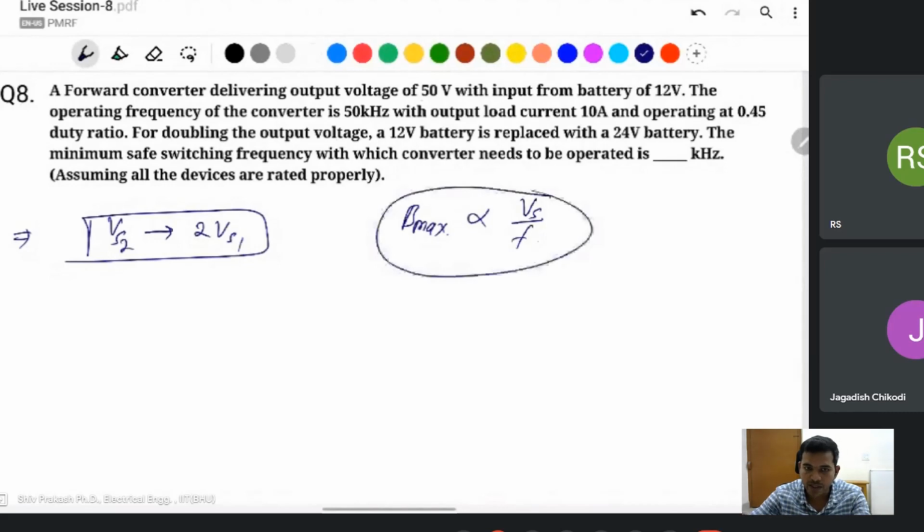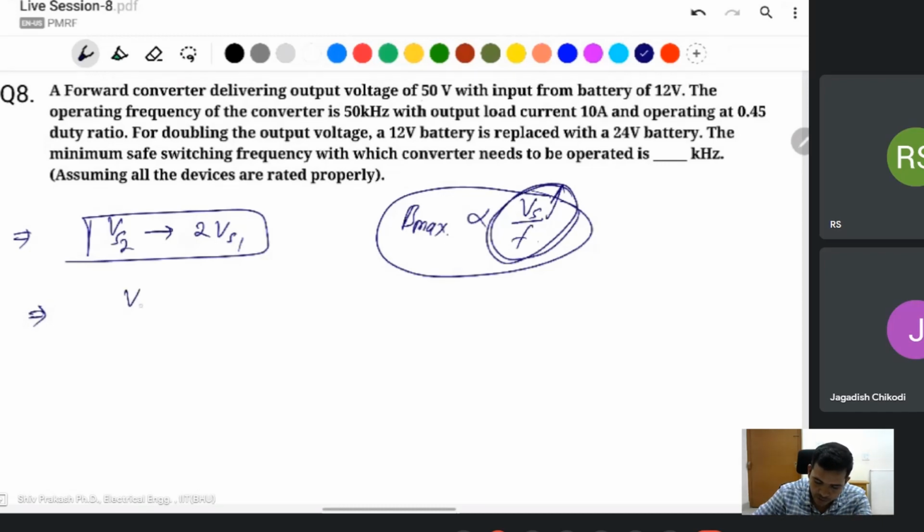It should not be exceeded. If it is exceeded, then the transformer goes into saturation mode. If you increase the frequency, that is okay. But if you increase the voltage, then this is violated. That's why you should maintain this Vs by F of any transformer.